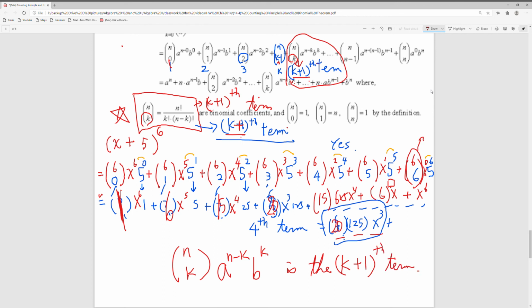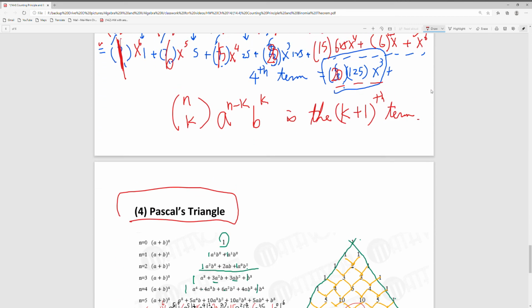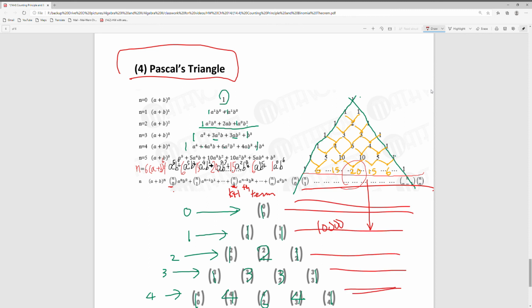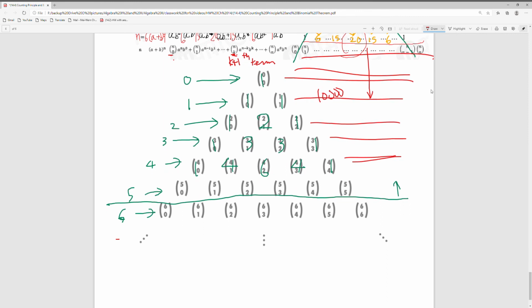Okay, so if they only ask you for one term, then you can use formula if you want. You don't need to go through, wow, so many layers. I will give up anyway. Okay, so this Pascal's triangle, and if you are not tired, you want to keep going, you may keep going if you want. Keep going till you feel tired.